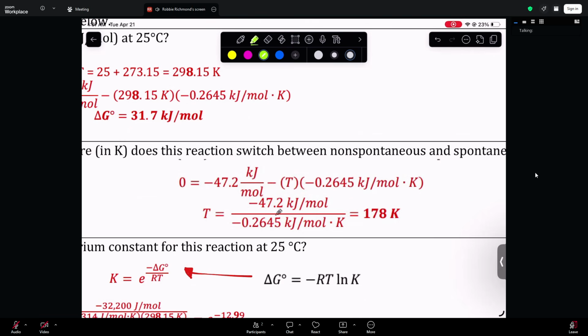Kilojoules per mole all cancel out, and then 1 over Kelvin will just leave Kelvin at the end, and following the sig fig rules, you'll have 3 sig figs in the answer.